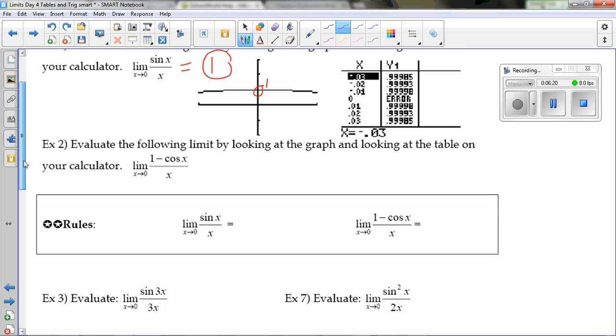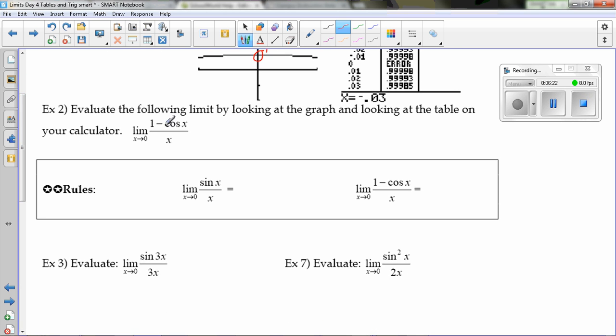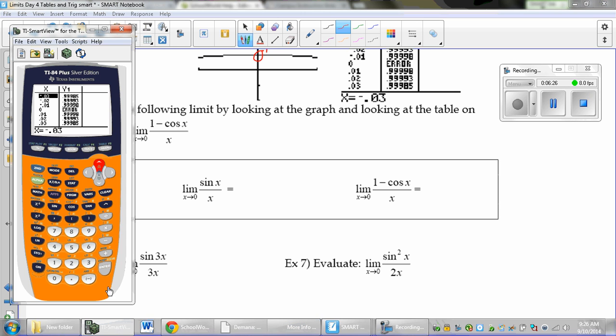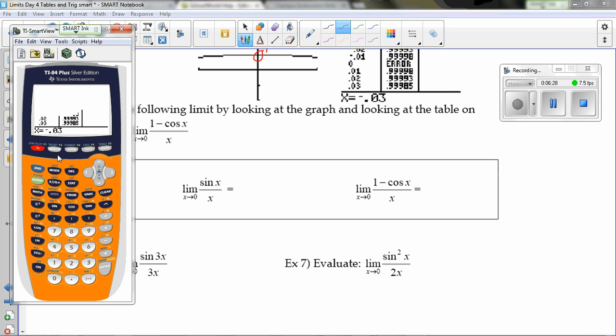Now I'm going to come down here, and I'm going to look at the graph and the table for 1 minus cosine x over x. I do the same thing, and come back to y equals. So if I do 1 minus cosine x, divided by x, and I graph that one, here's the graph.